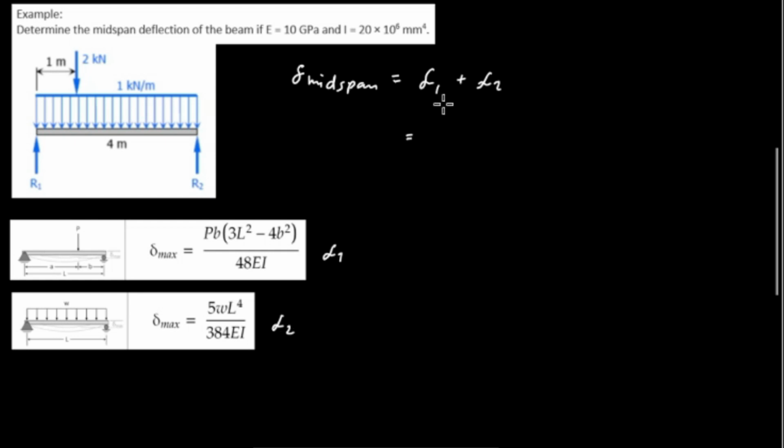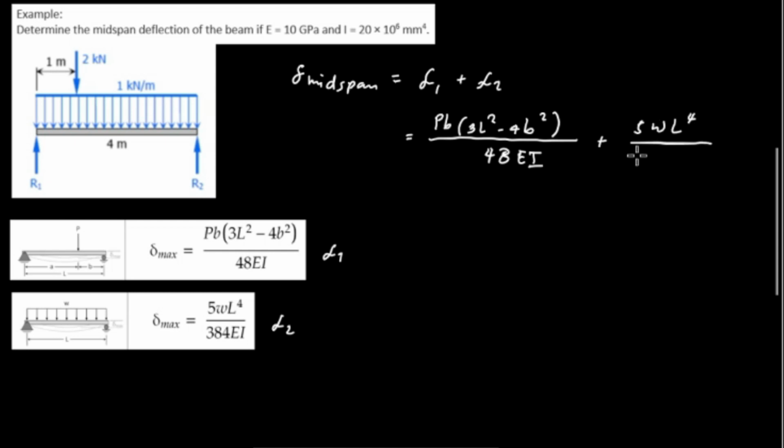Then the formula for deflection 1, with a concentrated load P of 2 kilonewton, is Pb times (3L squared minus 4b squared) all over 48EI, while deflection 2, from the uniform load, has the formula 5wL to the fourth all over 384EI.